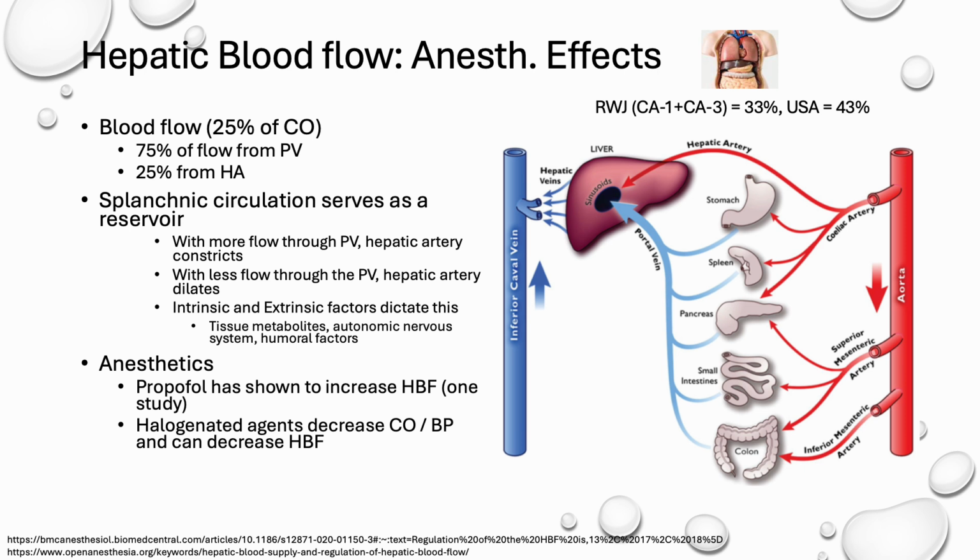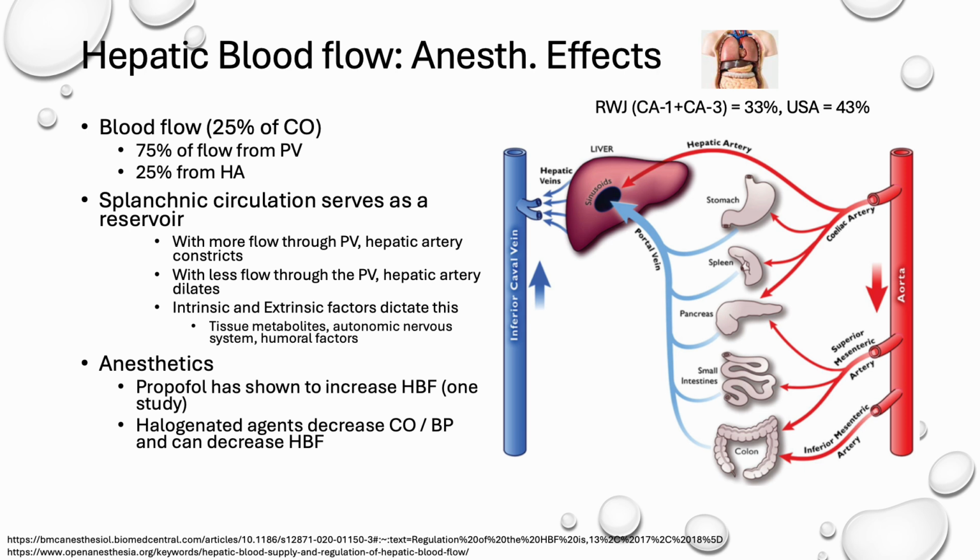Because the majority of flow comes through the portal vein, and blood from the portal vein comes from the splanchnic circulation, flow through the portal vein is variable due to changing demand of the splanchnic circulation. When more blood is in the splanchnic circulation, for example, after eating a large meal, a buffer system is employed that dilates and increases flow through the hepatic artery.